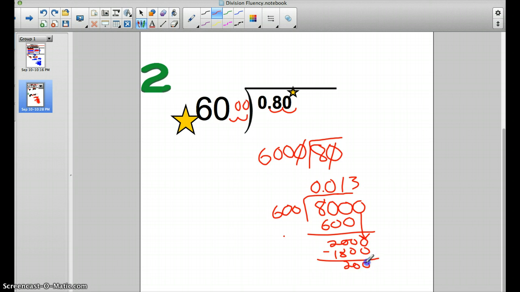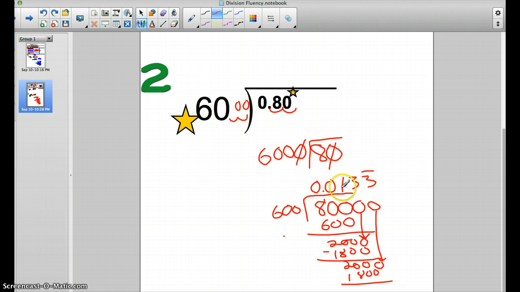You might be able to detect based on this. Can 600 go into 200? No. 0 here. Bring it down. Can 600 go into 2000? Yes, 3 times. 600 times 3, 1800. And the decimal is going to repeat. You might have been able to detect that. And this is our answer.